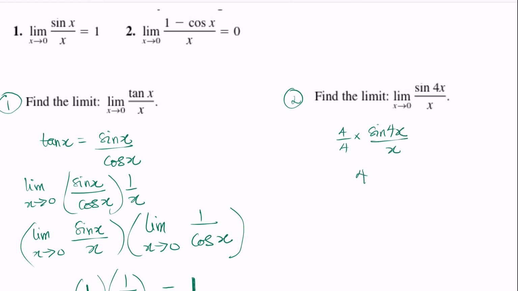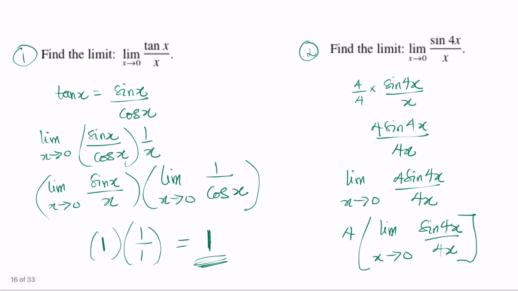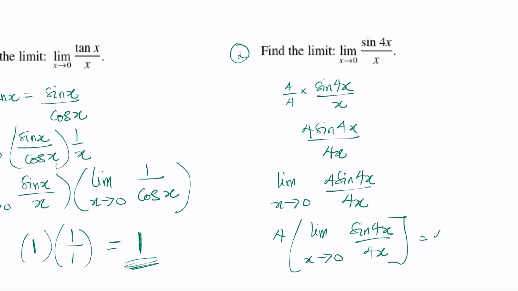And this gives us 4 sine 4x divided by 4x. So the limit as x approaches 0 of 4 sine 4x divided by 4x. Now we can take 4 outside and we'll have the limit as x approaches 0 of sine 4x over 4x. Now you can treat this 4x as x, so clearly we know this will be 4 times 1, which is 4. And that is how to use this special limit to solve a question like this.